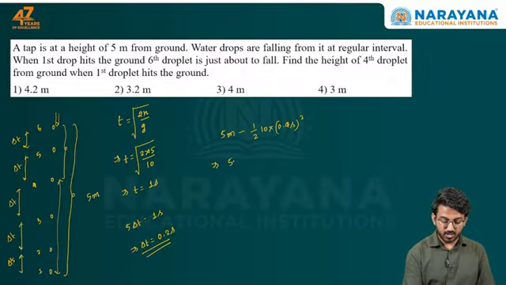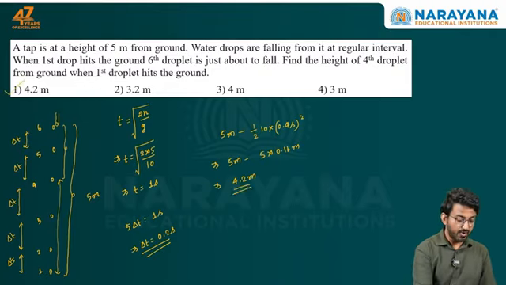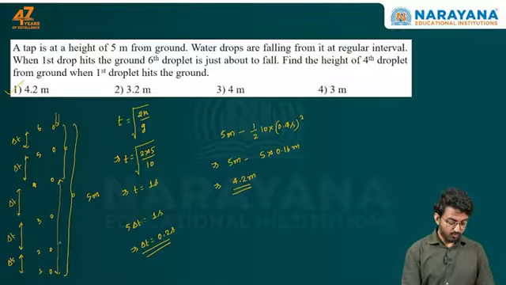Solving that gives us 5 meter minus 5 into 0.16 meter, which is eventually 4.2 meter, which gives the first option as the correct option. Moving on.